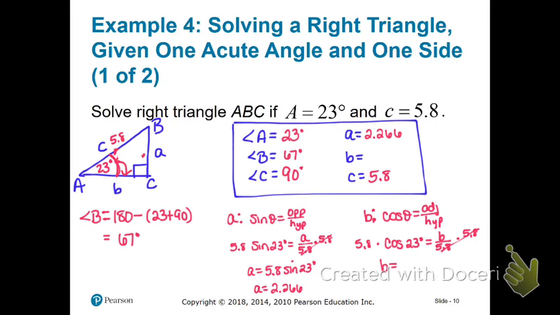And so side B is equal to 5.8 cosine of 23 degrees. So let's plug that in and see what we get. All right, so you get 5.339.